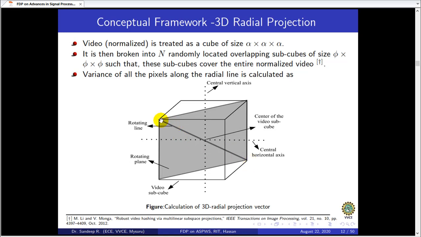So we have one line and one variance value. We rotate this line 180 times, so to cover the entire plane we get 180 values. Similarly, to cover the entire subcube, we have 180 degrees of rotation of the plane. So 180 by 180 leads to 32,400 variance values.